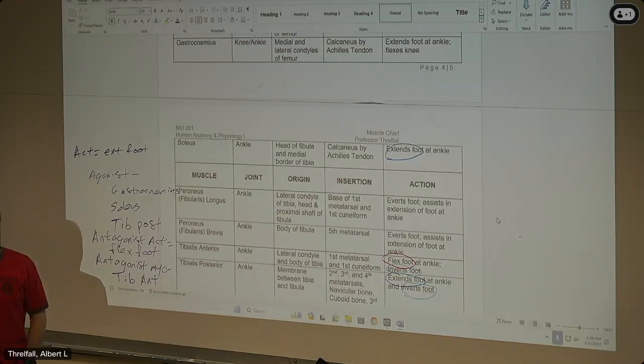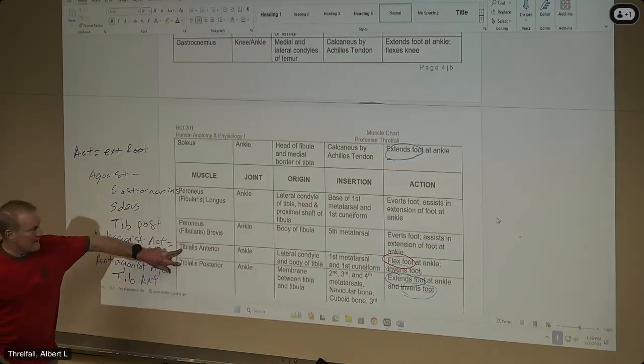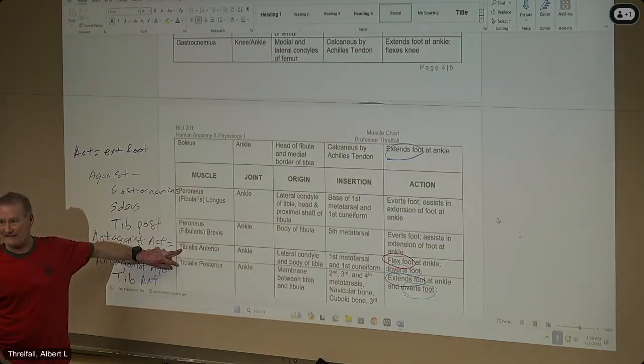Absolutely. Are the tibialis anterior and tibialis posterior an agonistic pair or an antagonistic pair? Okay, let's do it this way. Are they an agonistic pair? Why? Yeah, correct, but why?